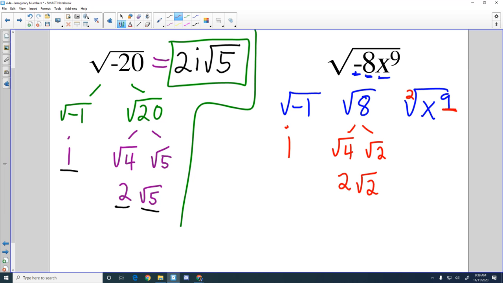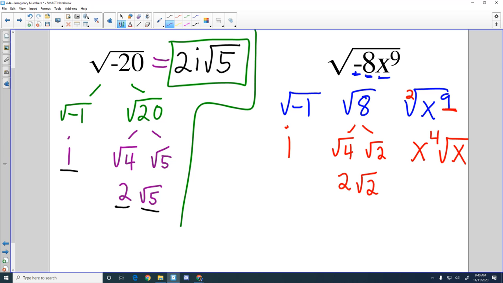Since it's a square root, the index is 2. And so if I've got 9 of them, that means I can make 4 groups of 2. So 4 x's will escape the radical, but then you're going to have 1 left over since there were 9 altogether. 2 times 4 is 8, and then there's that remainder of 1, which we have left over under the radical.